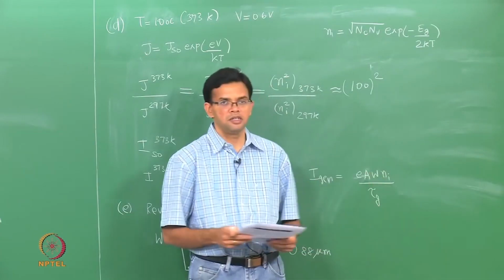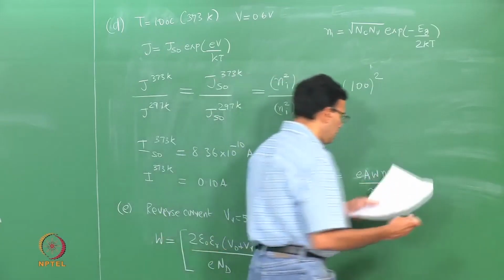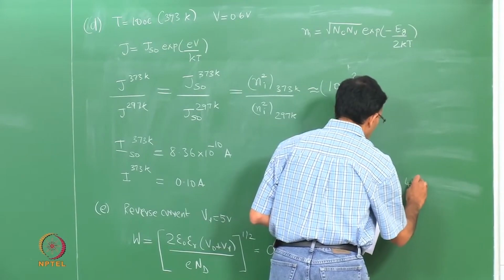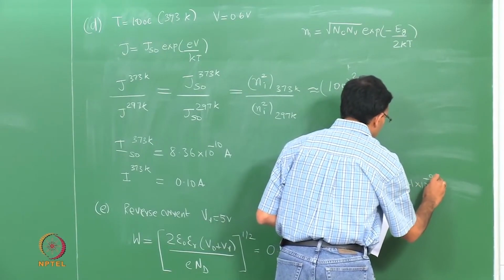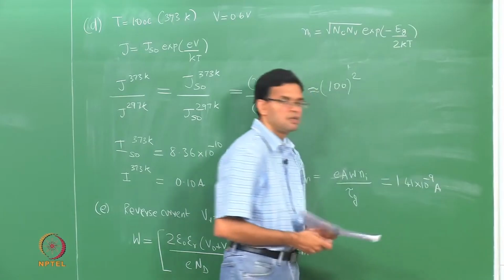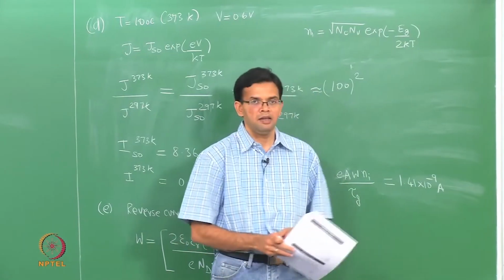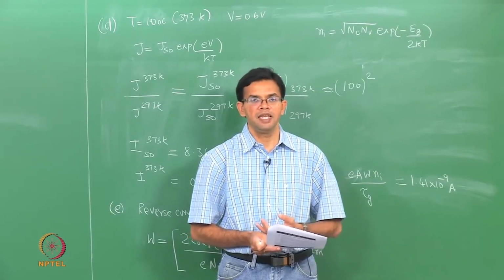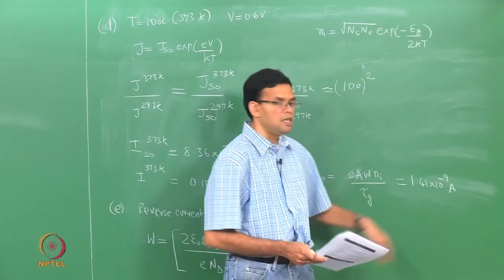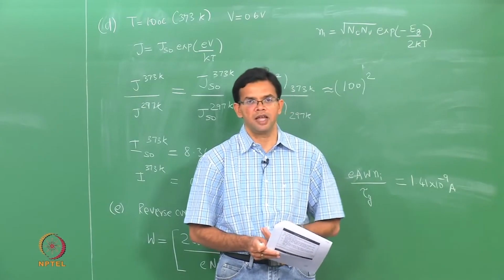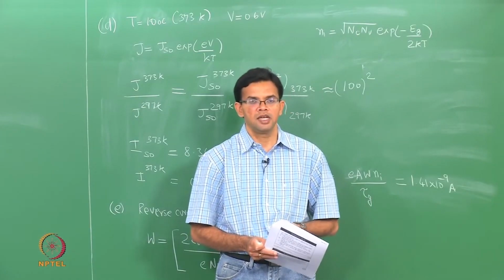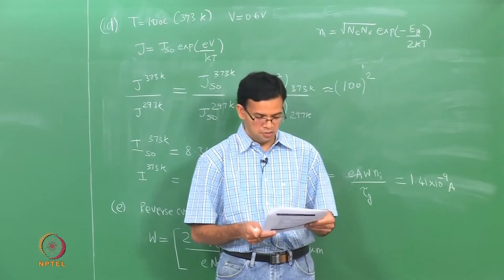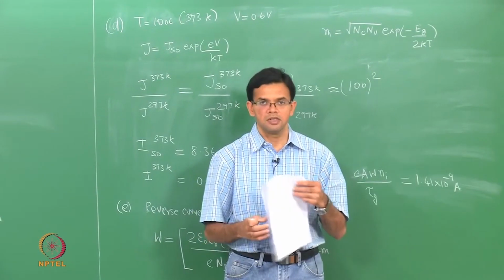Everything here is known, we can substitute the numbers, and I gen works out to be 1.41 times 10 to the minus 9 amperes. This number is again much smaller than your forward bias current, which is of the order of milliamps. So, once again, even if you take thermal generation of carriers into account, we essentially have a rectifying action in a p-n junction. Let us now look at the last question.